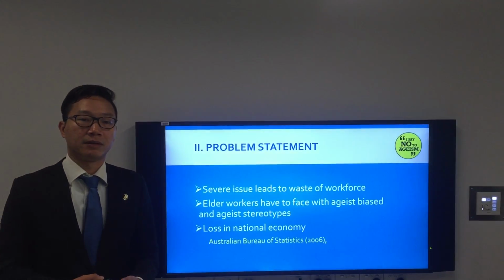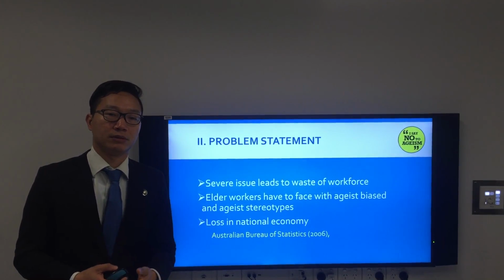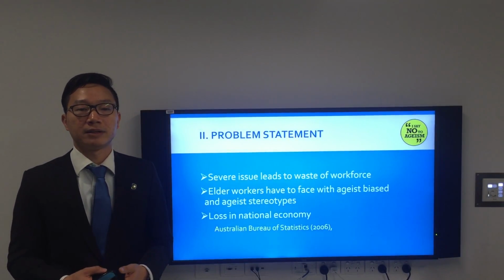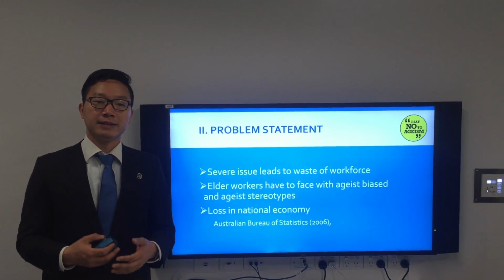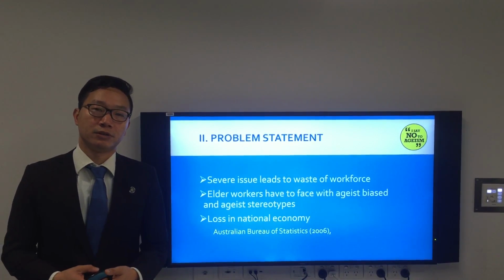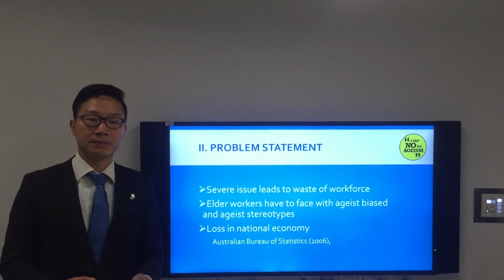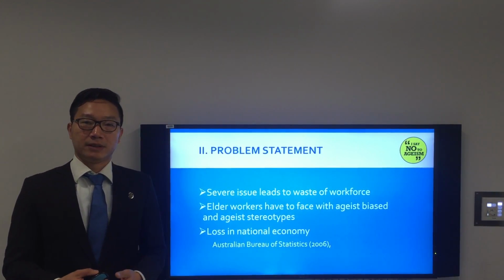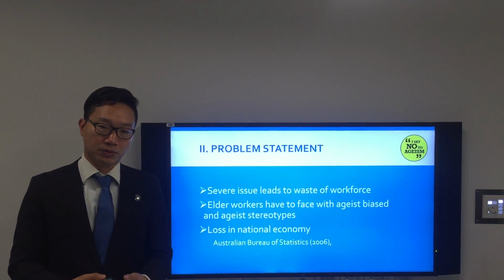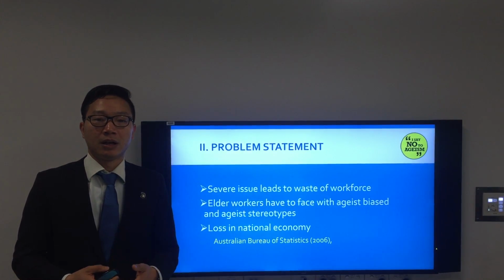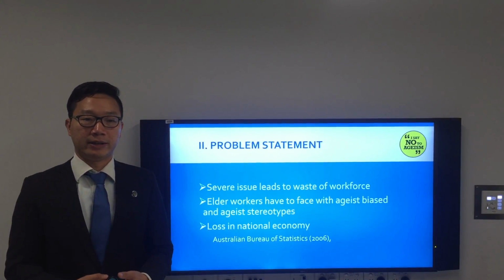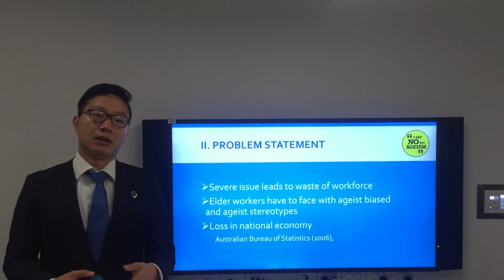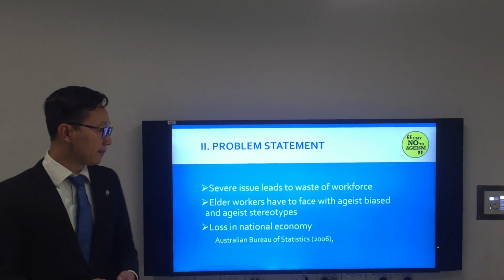As you may know, Australia is faced with a severe ageism issue and it affects the national economy. Ageism in the workplace is one of the severe issues, which leads to a waste of workforce in Australia when Australia is an aged country.